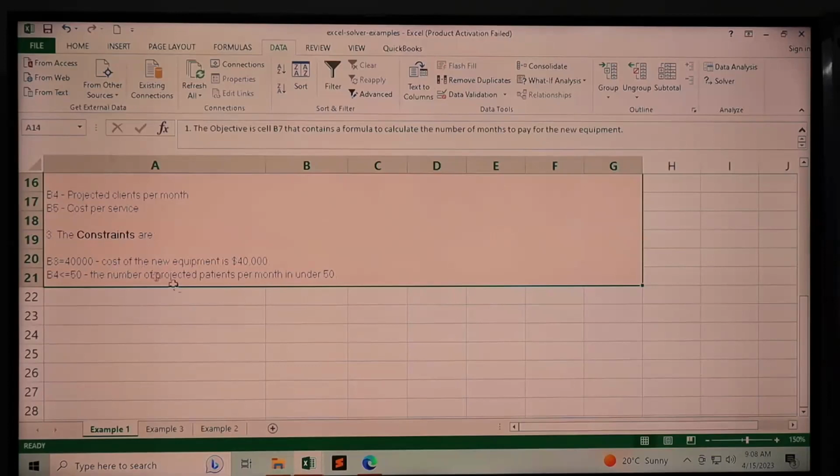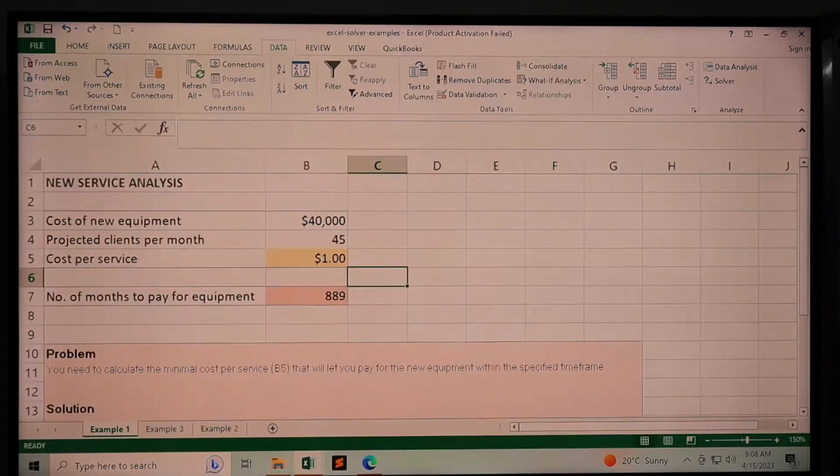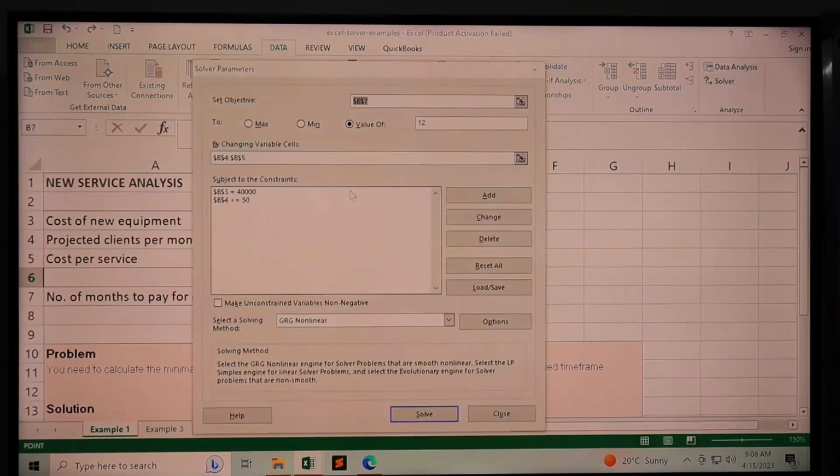These are the constraints. Because you check the constraints, that is what you are to provide. You are to provide this amount here. And again, you're supposed to set the objective. The objective, the first cell above here, is supposed to be set to 12.